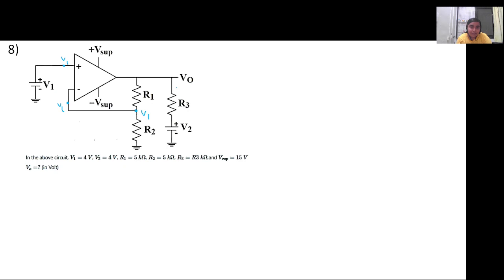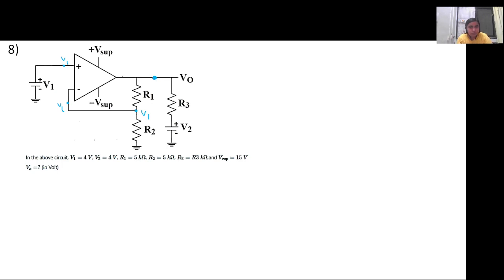Where will we apply the KCL? At V naught, ma'am? At this particular point, are you suggesting? Yes, ma'am.